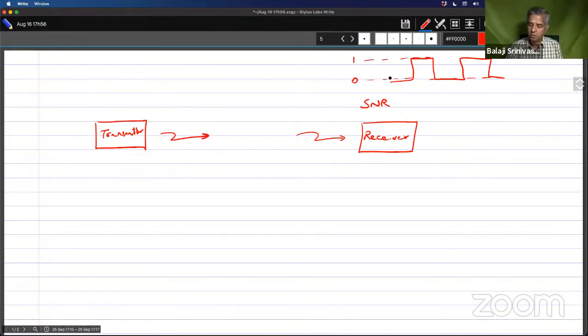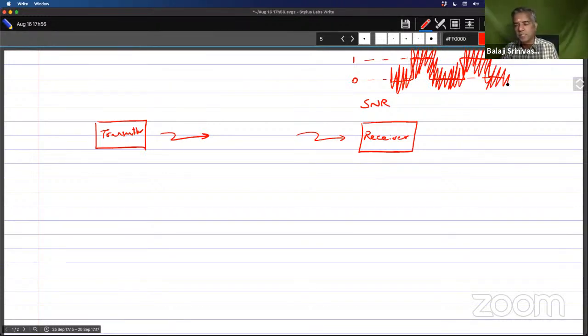Okay. But what if you have something like this? If you have a lot of noise on the same information, then it's not very clear whether this will correspond to a 1.